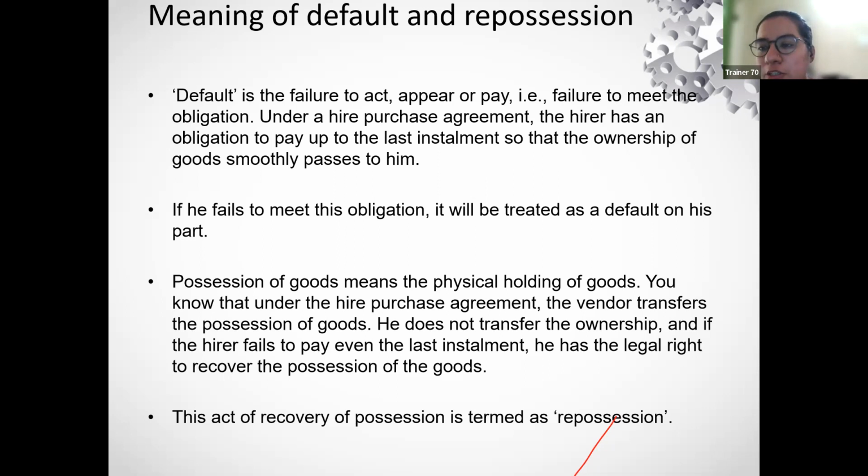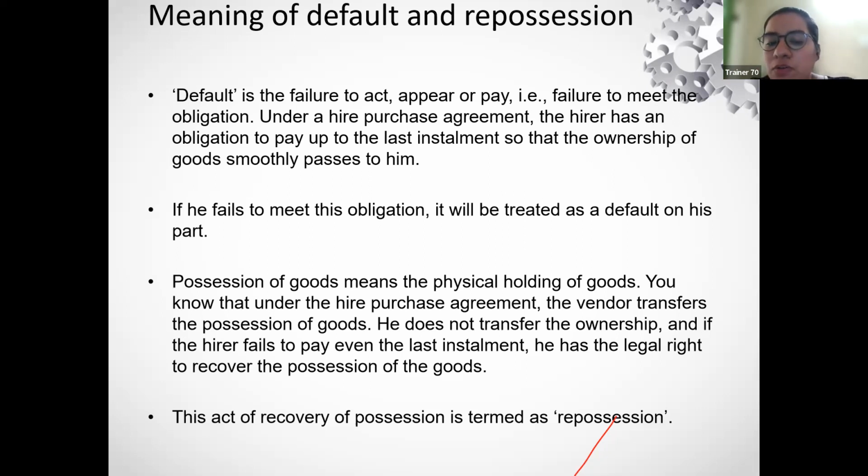It was my obligation to make the payment for installments, but I am at the failure part. I'm not making the payment, so I will be in default. The hirer has an obligation to pay the last installment, so the ownership of the goods smoothly passes to him. But if he fails to meet this obligation, he will be treated as in default on his part.